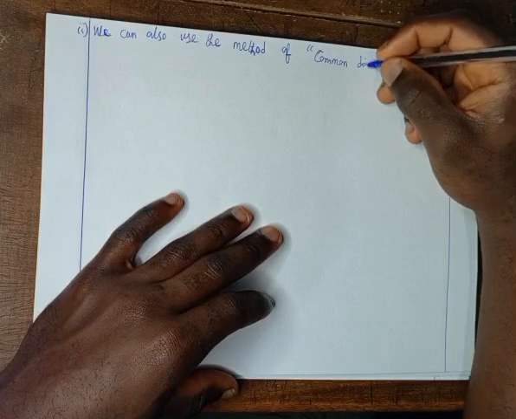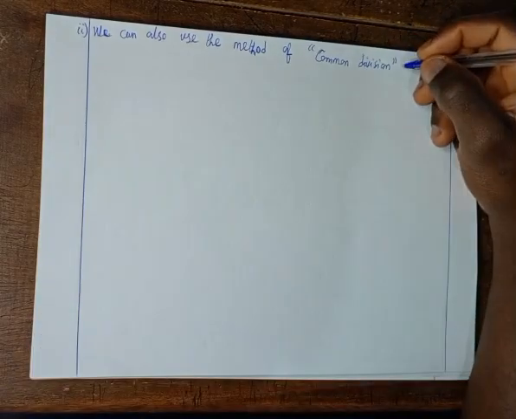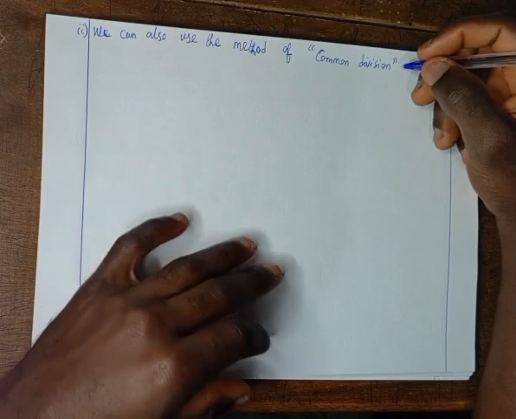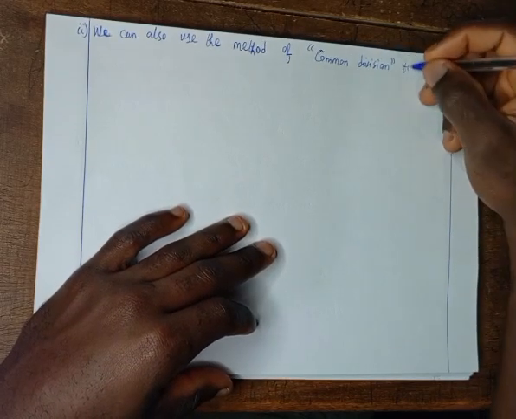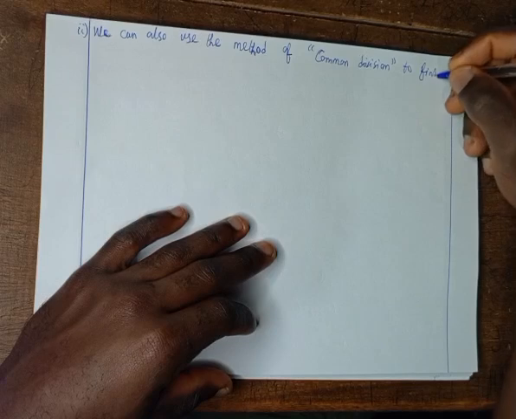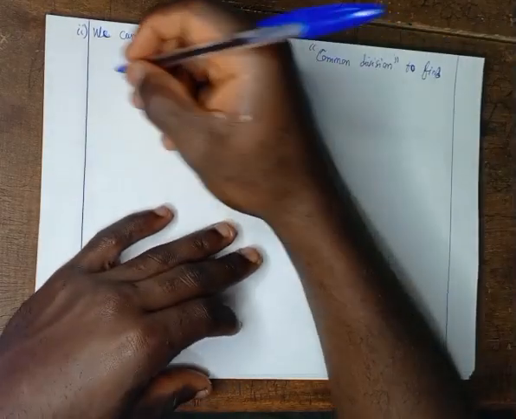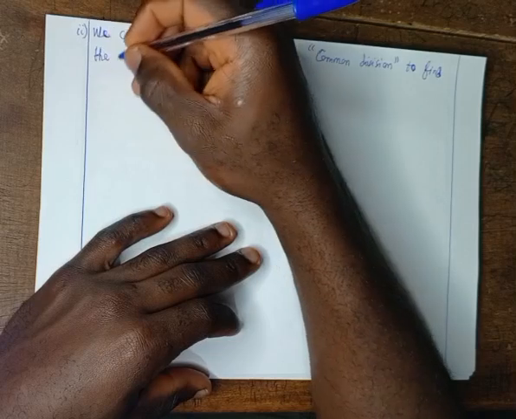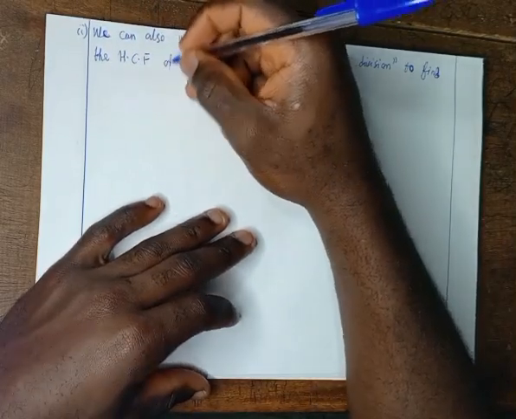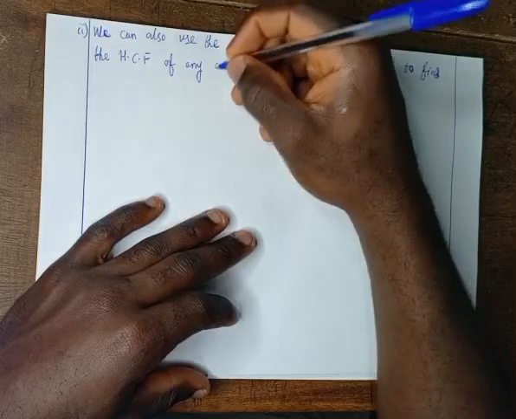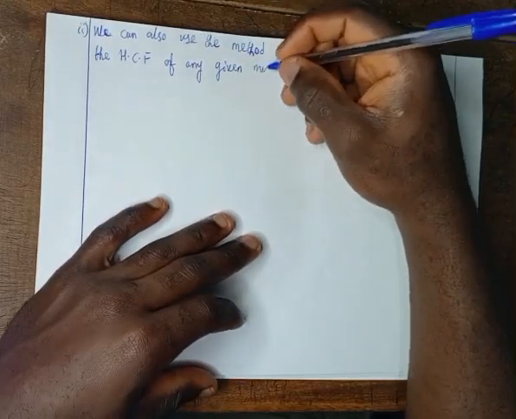That means we divide the two numbers by a prime factor which is common to the two numbers. We can also use the method of common division to find the H.C.F. of any given numbers.